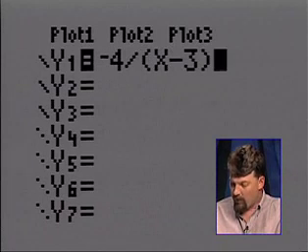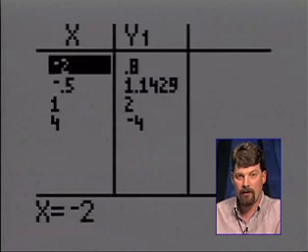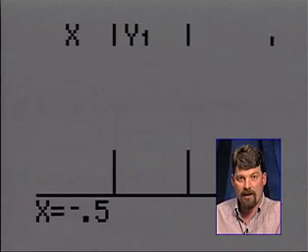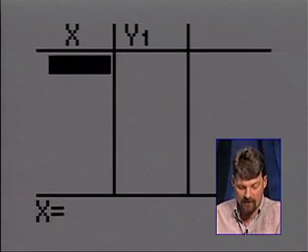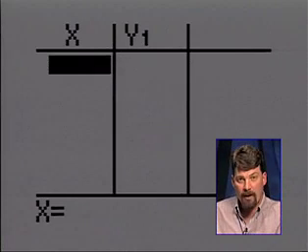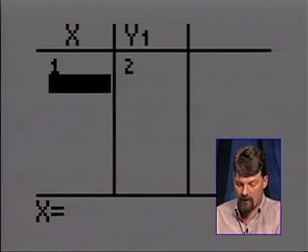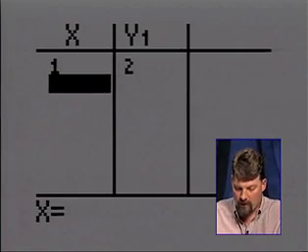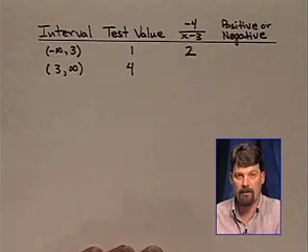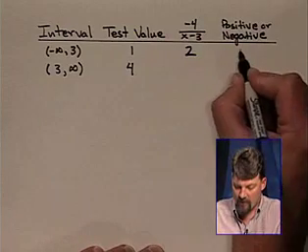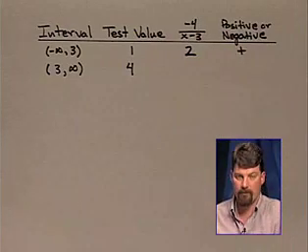And again, I'll use the table feature in the calculator, and I want to delete these out because those were from the previous example. And we want to check the first test value, which is 1, and that value is 2.